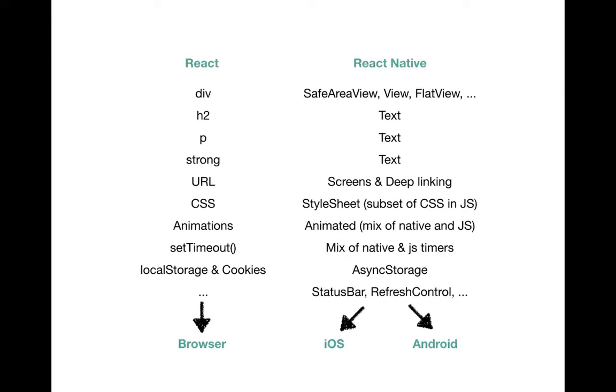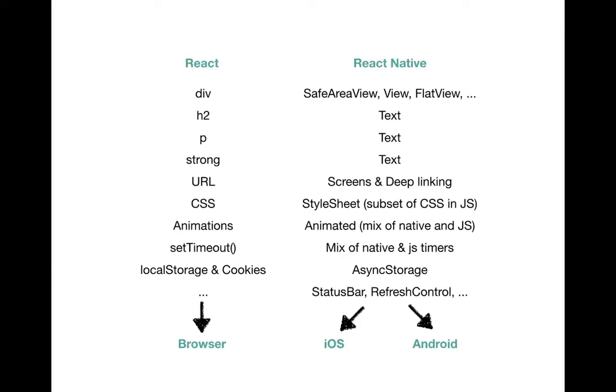You have some other stuff actually, and the last item in the right column is some components that we don't have on that. For example, status bar, refresh control. We don't have this on web, and each platform, iOS and Android, have their own non-standard elements, and React Native allows you to use those elements. So a lot of things going on.